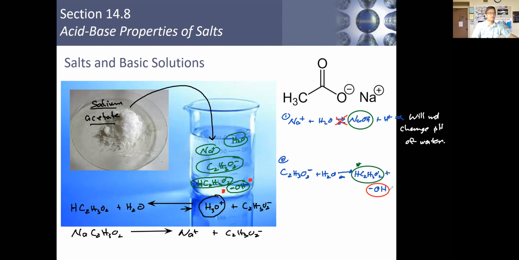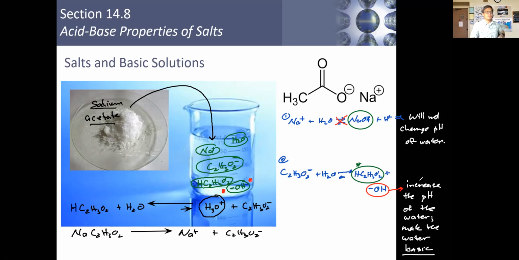So whenever you have this forming, this will increase the pH of the solution, meaning it will make the water basic.